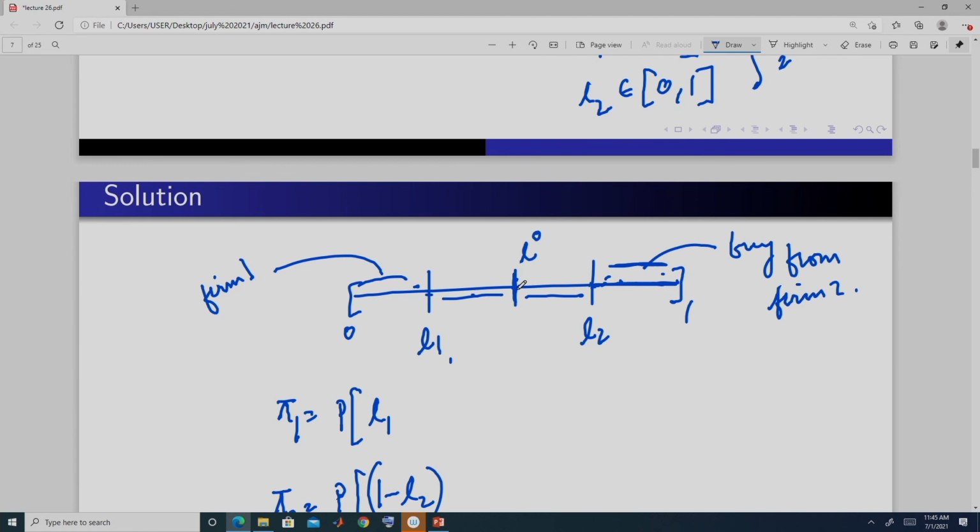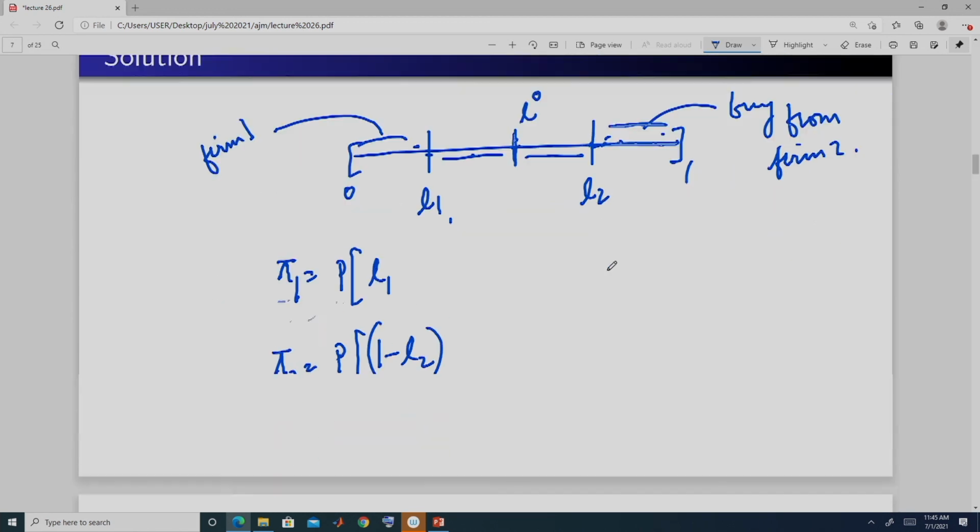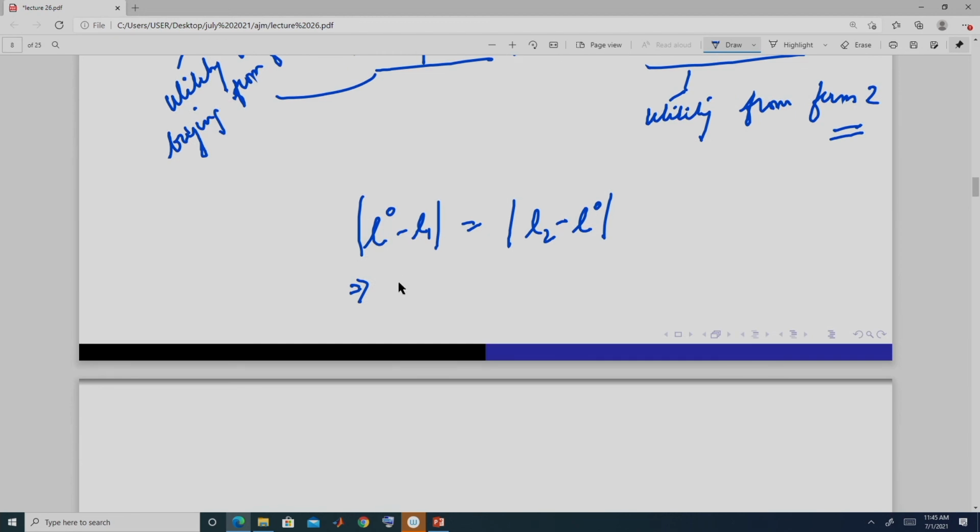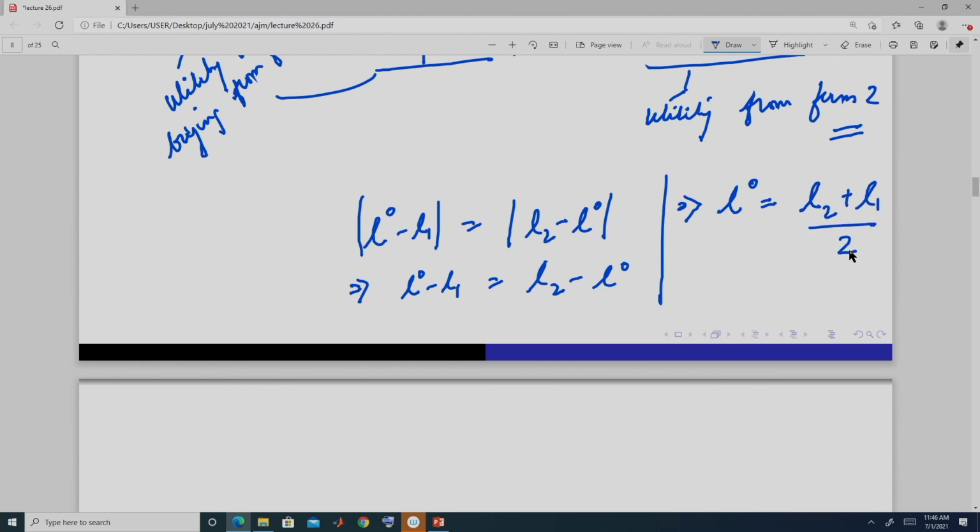This point is greater than L1 and this point is less than L2. So, we take it in this form, this distance is this. So, from here what do we get? We get this.